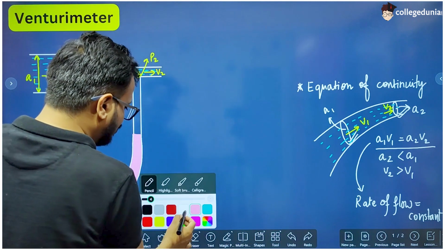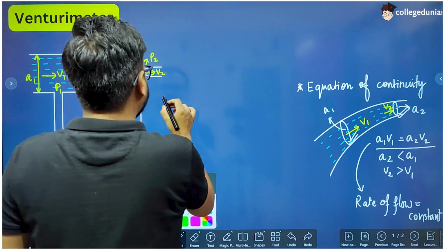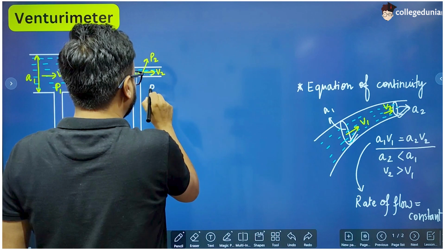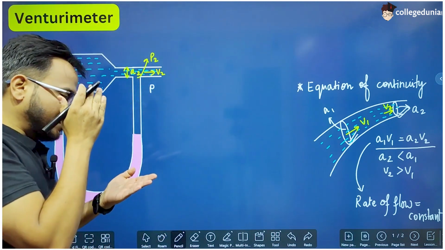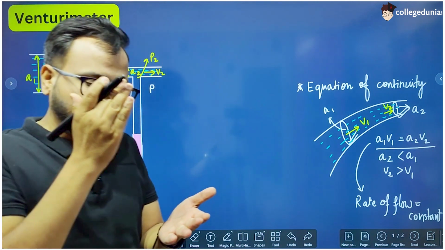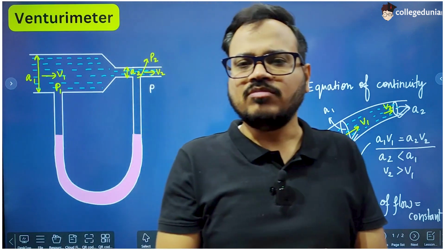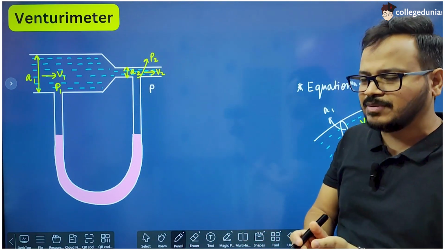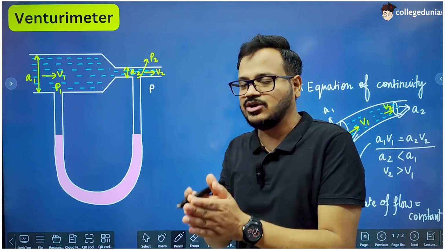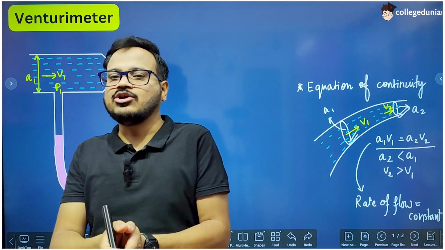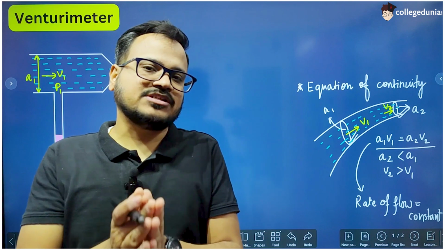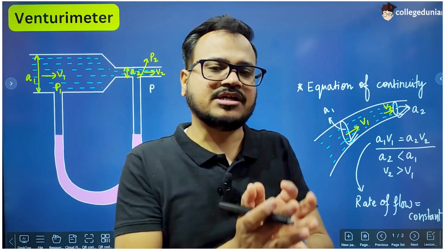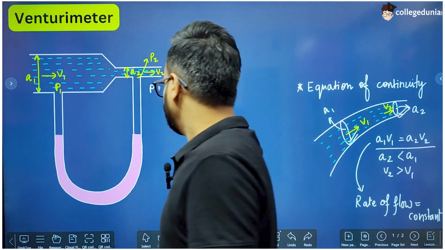For that, we have to use Bernoulli's equation, which says that the sum of potential energy, kinetic energy and pressure energy per unit mass or per unit volume at one cross section is equal to the sum of pressure energy plus kinetic energy plus potential energy per unit mass or per unit volume at some other cross section, right?